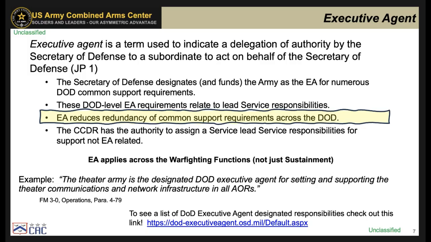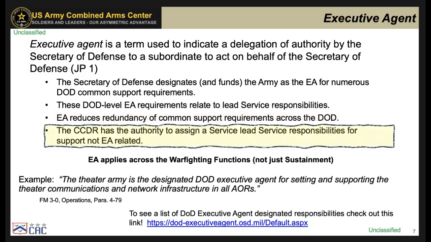It optimizes resource utilization and fosters a cohesive approach to lead service responsibilities. Under the EA framework, the combatant commander retains the authority to assign service-specific lead responsibilities for support not related to the executive agent's purview.